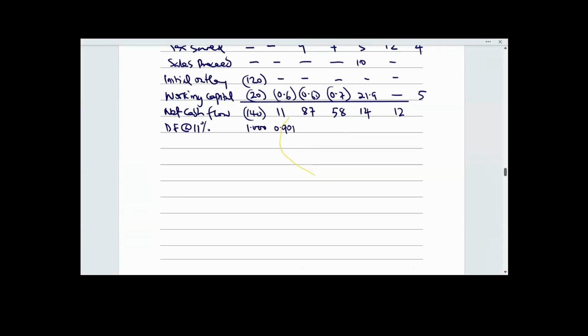Year 2, 1.11 raised to power 2 gives 0.812. Year 3 is 0.731. Year 4, 0.659. Year 5, 0.593. So now we get the present value.